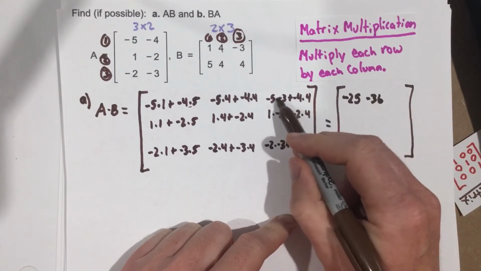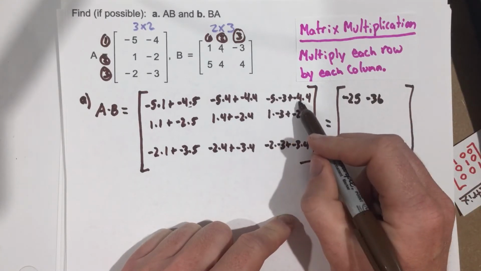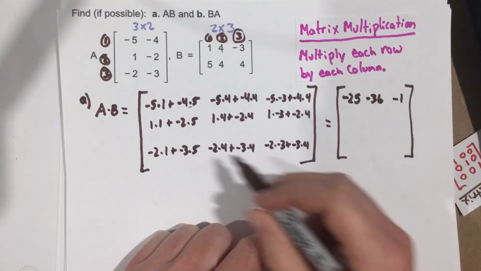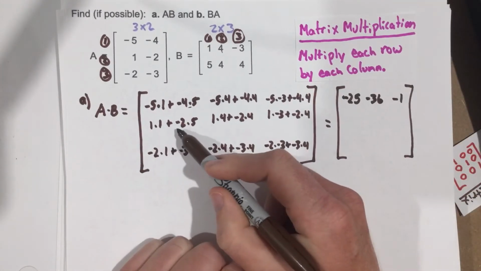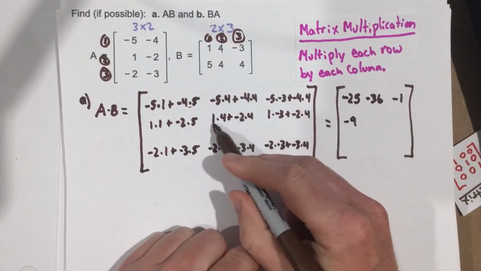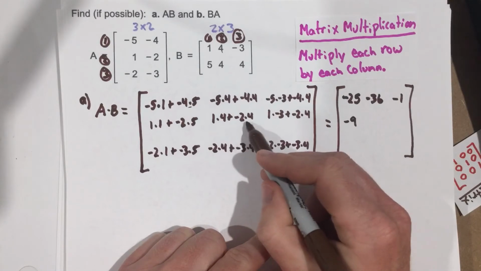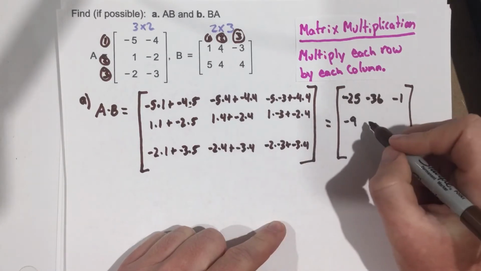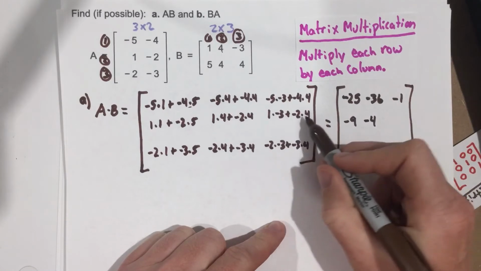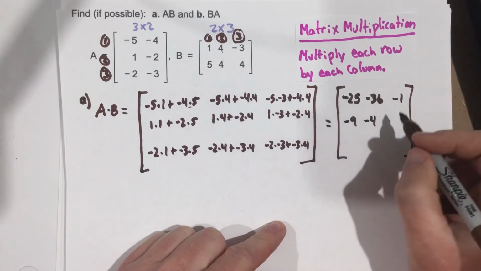This is positive 15, and then negative 16, so that's negative 1. This is 1 minus 10, so that's negative 9. This is 4 minus 8, which is negative 4. This is negative 3 minus 8, which is negative 11.